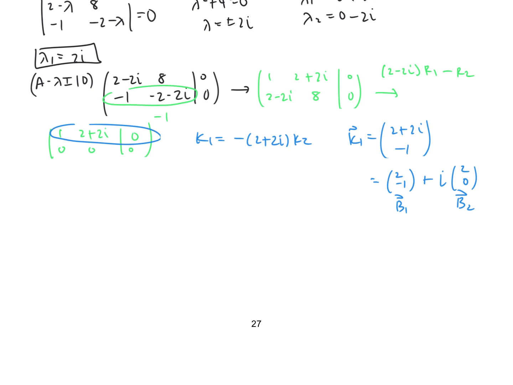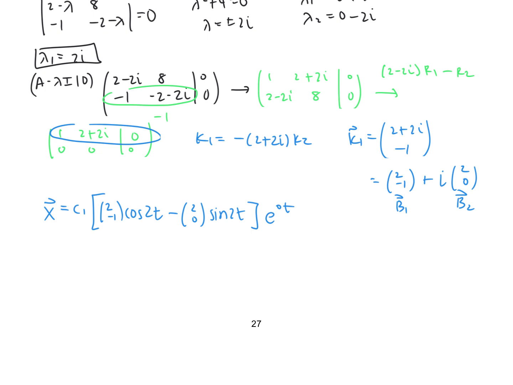So that's all we need to write the general solution. My general solution ends up being C1, and again, look at my parts, (2, negative 1) cosine of 2t, subtract (2, 0) sine of 2t, and then e to the 0t.